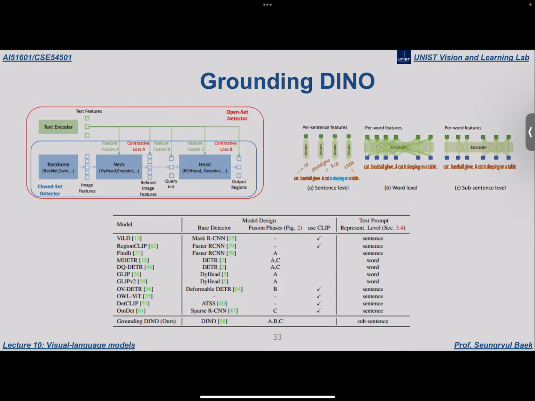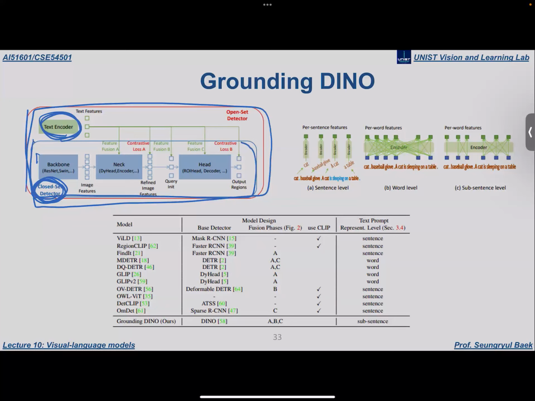So this is a figure showing how we can extend a closed set detector towards an open set detector. This is the original pipeline, having an image feature extractor, some neck and head.